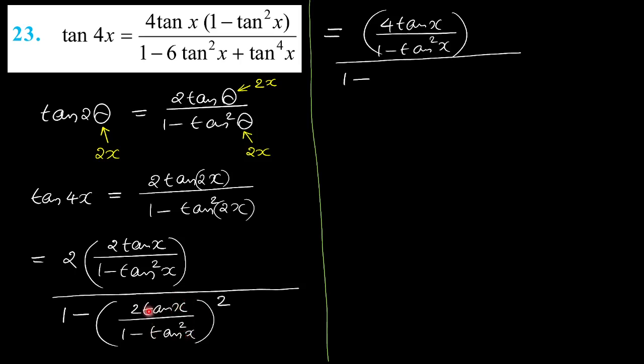Numerator 2 tan x square, 2 tan x whole square will be 4 tan square x, divided by the denominator, 1 minus tan square x whole square.